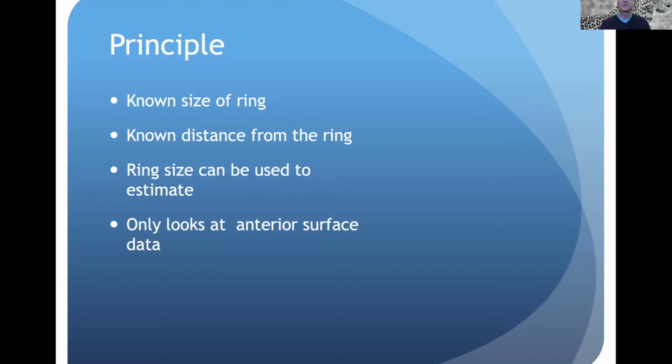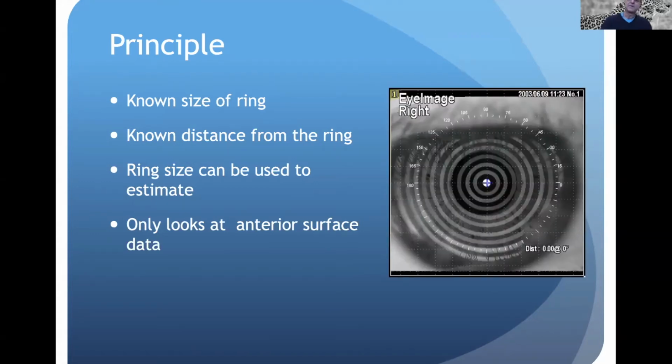We're actually measuring the curvature of the anterior surface of the tear film. And it's excellent. It's really become the basis of modern cornea and cataract surgery. But it does have the limitation that it only looks at the anterior surface of the cornea.